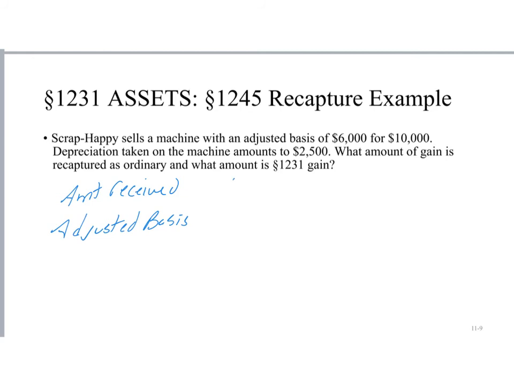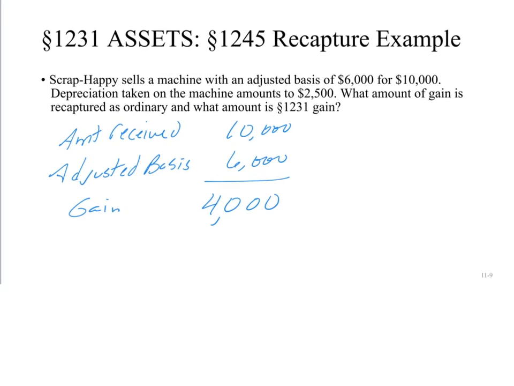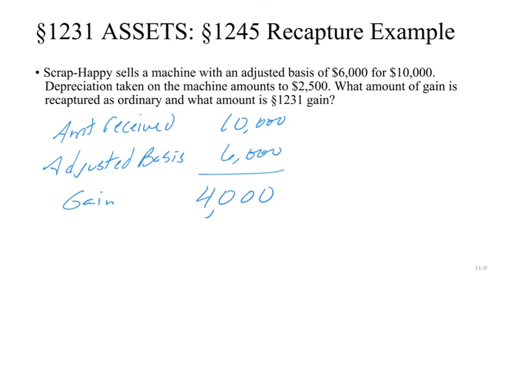So we received $10,000. Our adjusted basis was $6,000. So we've got gain of $4,000.